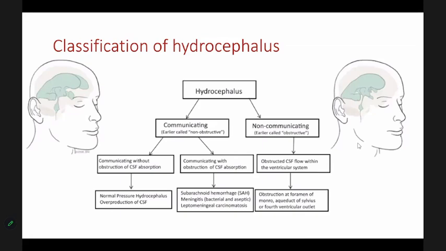How does TB cause a communicating hydrocephalus? Which component gets affected: production, flow, or absorption? Predominantly, which one?